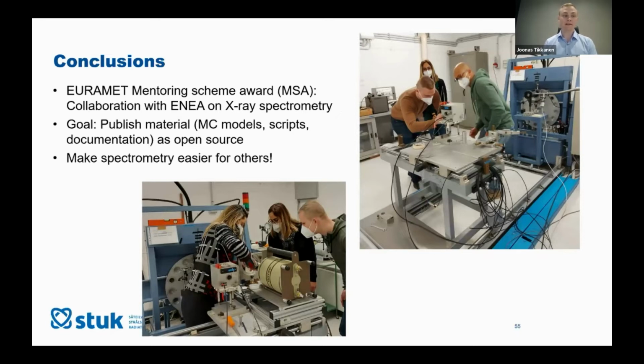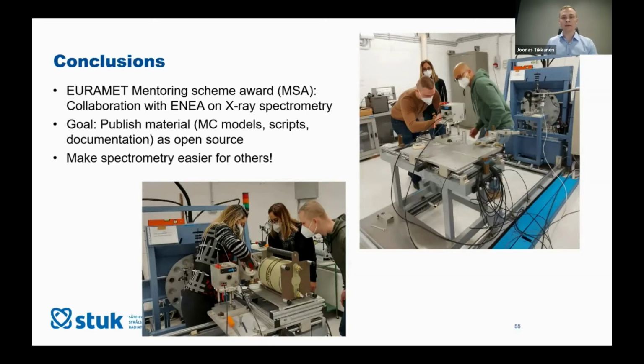One goal of this collaboration is to publish materials as open source, for example, examples of the Monte Carlo model scripts that we used and different documentation. The idea is that even though spectrometry is not easy, we could make it easier for others.